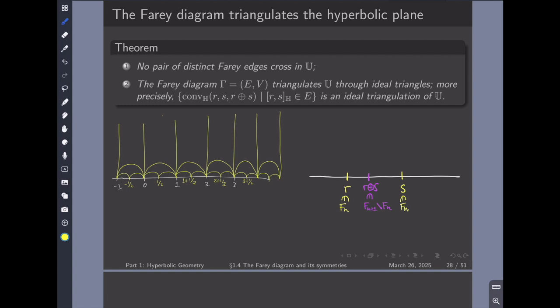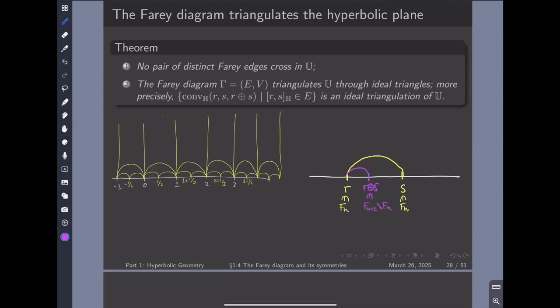Yeah, so we know that we do have this Farey edge, and we do have these Farey edges. Yeah, these are new ones, right? So maybe let me write them in this.